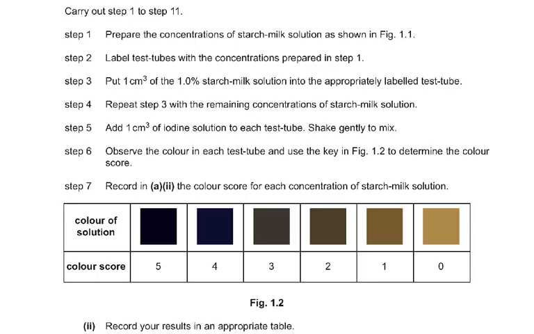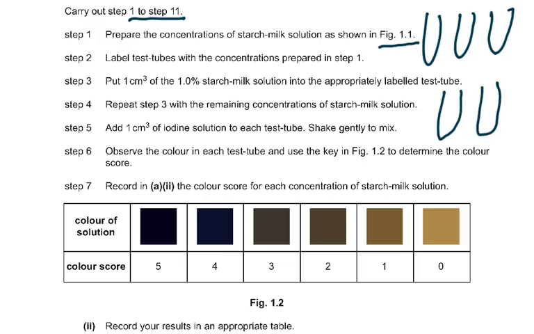Then we read the first. Now we say carry out step 1 to step 11. Prepare the concentration of starch mix solution as shown in figure 1.1, the one we just did. Then you label test tubes with the concentration prepared in step 1. So you have 5 test tubes: 1, 2, 3, 4, and 5. And you label them with what we had in it: 1%, 0.2%, 0.04%, 0.008%, and 0.0016%.